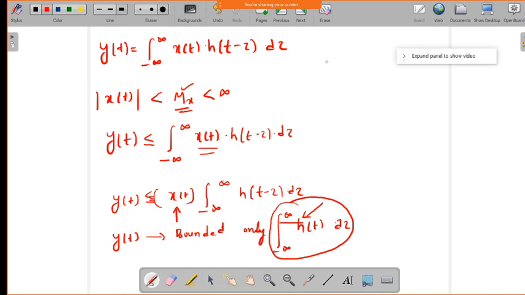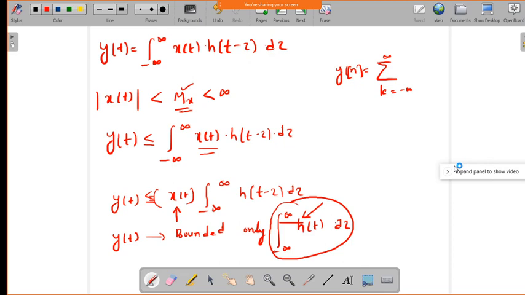Similarly, in the discrete time case, y of n equals the summation from k equals minus infinity to plus infinity of x of n into h of n minus k.